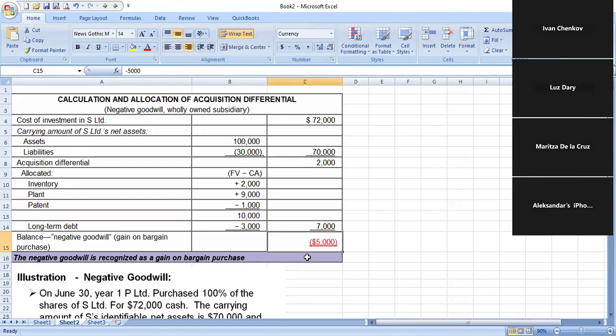That means that the fair market value of the net assets is 77,000. Make sense? And we pay only 72. So basically we pay $5,000 less, which is transferred to the negative goodwill. That's how you should explain that one.